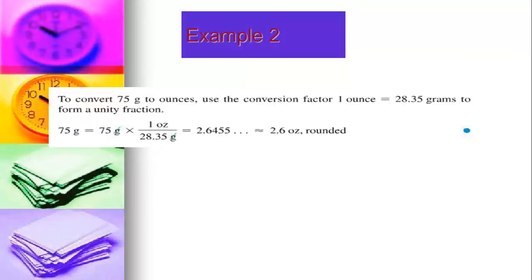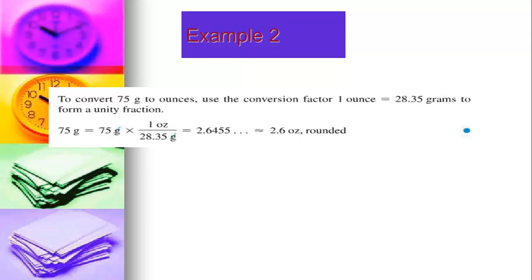To convert 75 grams to ounces, use the conversion factor 1 ounce is equals to 28.35 grams to form a unity fraction. So, 1 ounce is equals to 28.35. Ito baliktad, ano? Kung kanina yung 1 yung nasa baba, ito naman ay nasa ilalim. So, instead na magmumultiply tayo dyan, since 1 over 28.35, ang gagawin nyo, i-divide nyo yon.